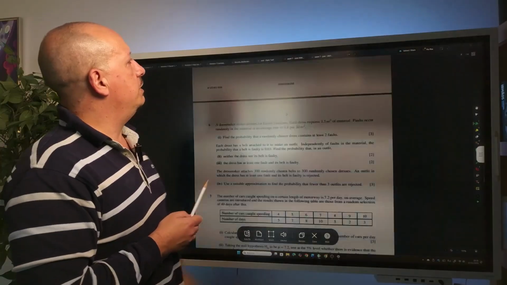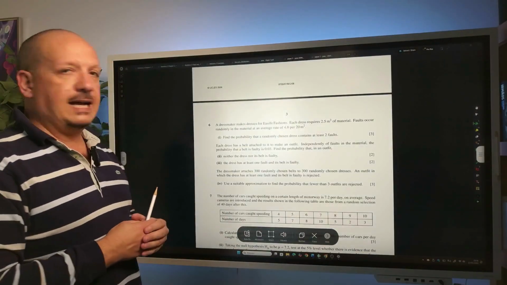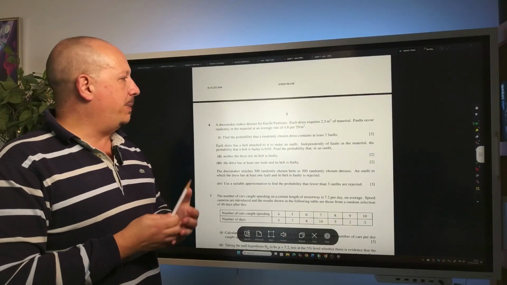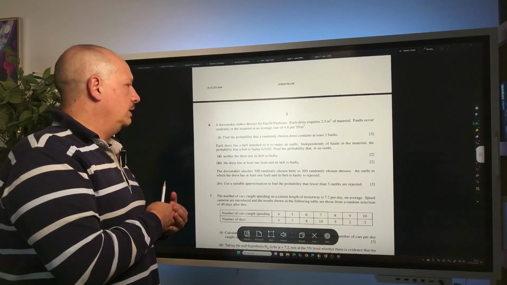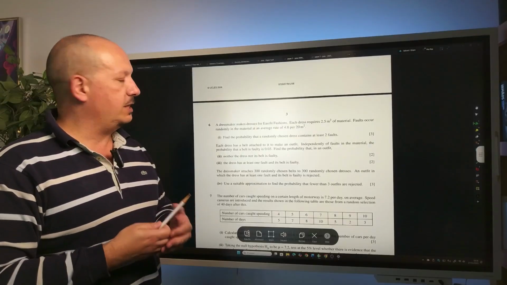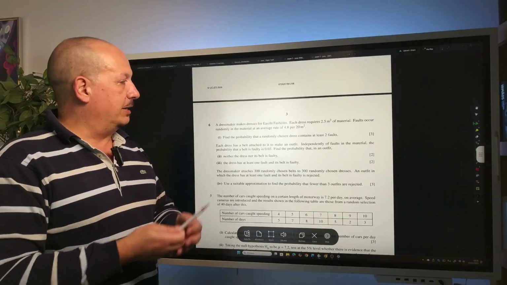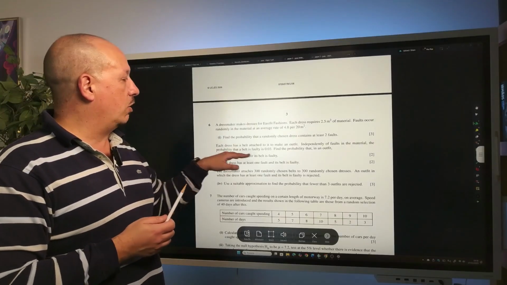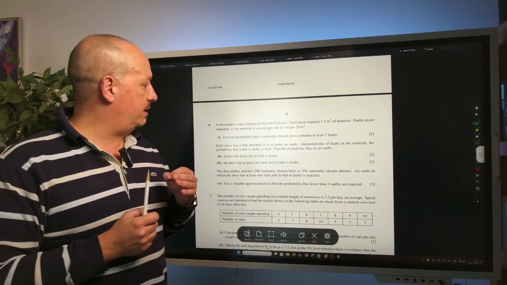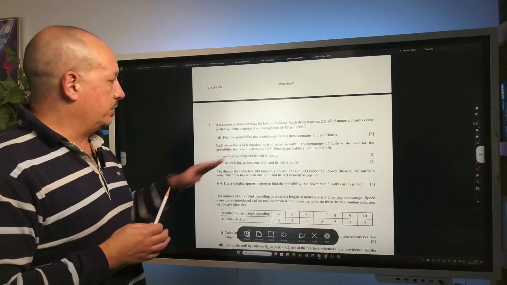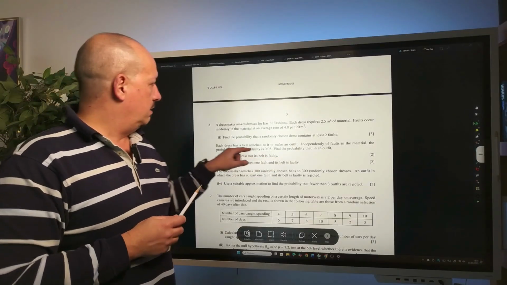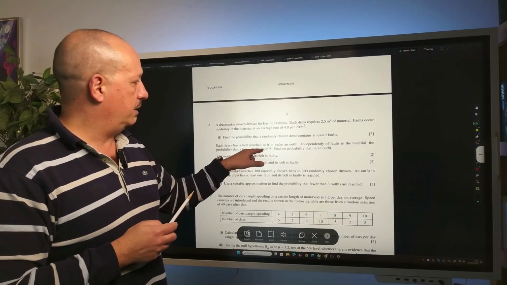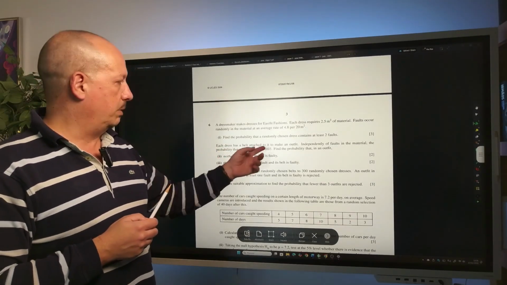Then the question continues saying, each dress has a belt attached to it to make an outfit. Independently of faults in the material, the probability that a belt is faulty is 0.03. Find the probability that in an outfit, neither the dress nor its belt is faulty. For the belt, it's very simple, right? The probability that a belt is not faulty is 0.97, 1 minus that.